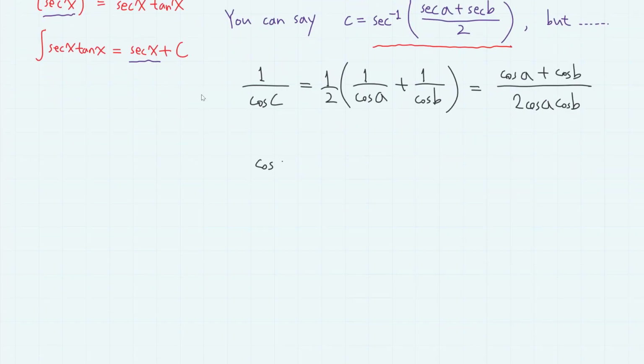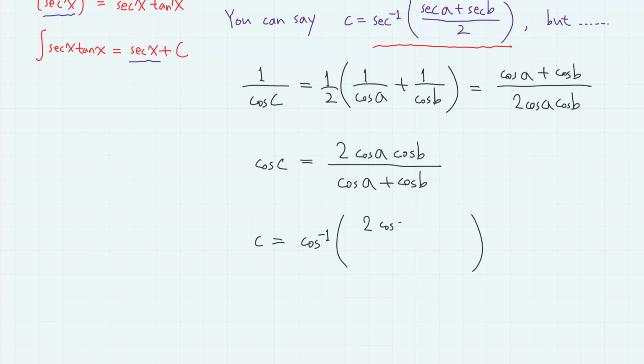So we have cosine c equals 2 cosine a cosine b divided by cosine a plus cosine b, which gives c equals inverse cosine of 2 cosine a cosine b divided by cosine a plus cosine b.